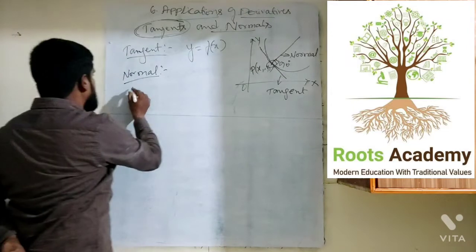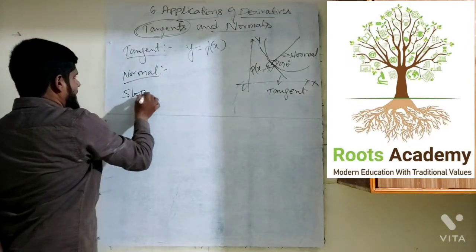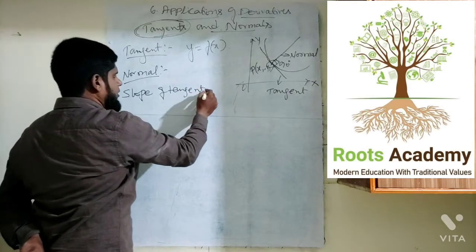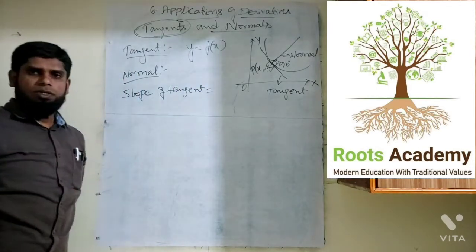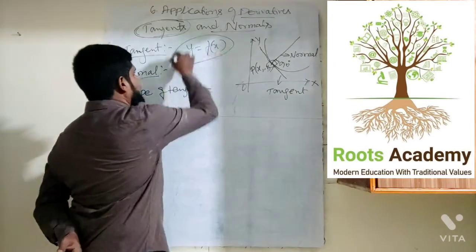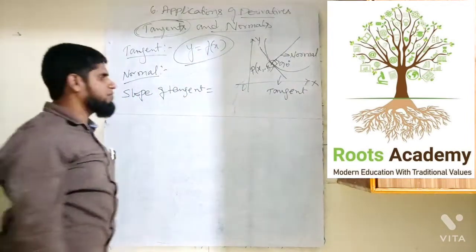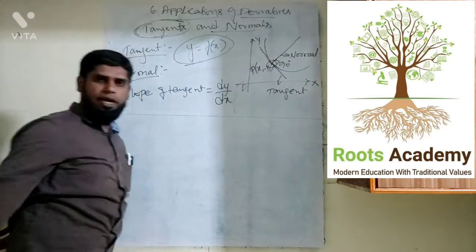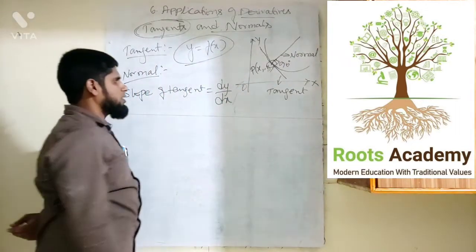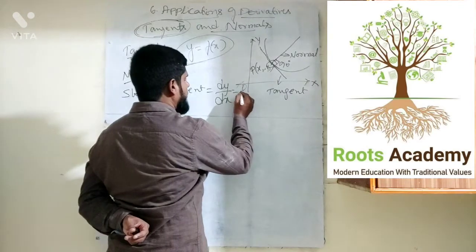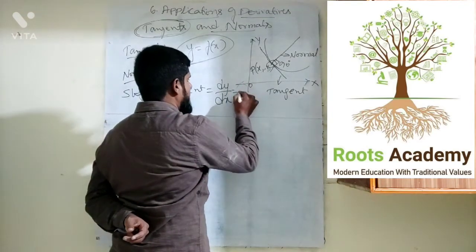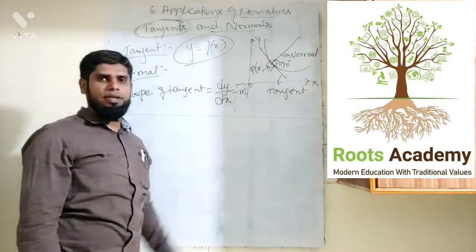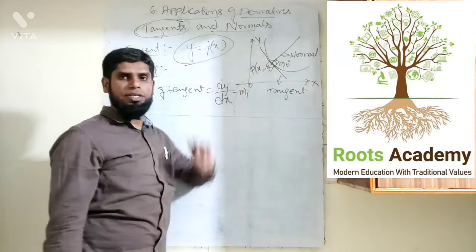The slope of the tangent is equal to the derivative of the function, that is dy by dx. It is also considered as m1, the slope of the tangent.